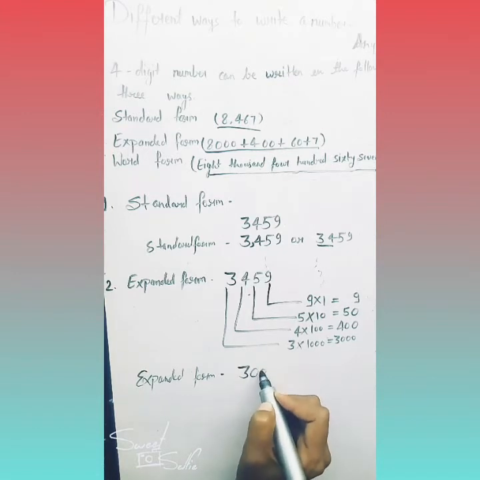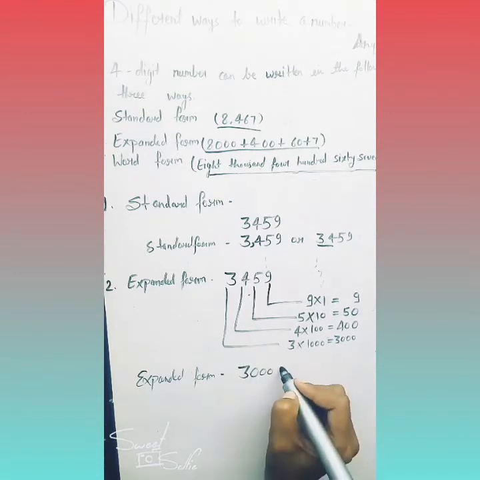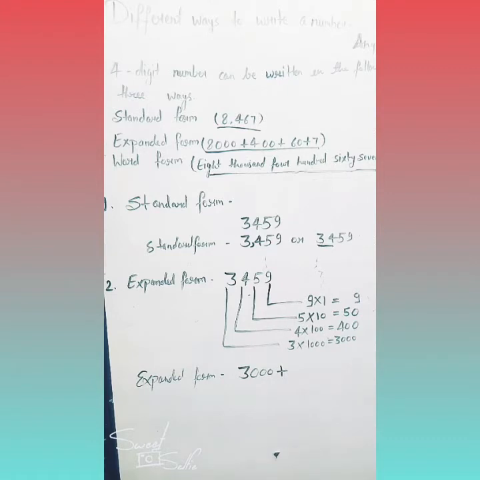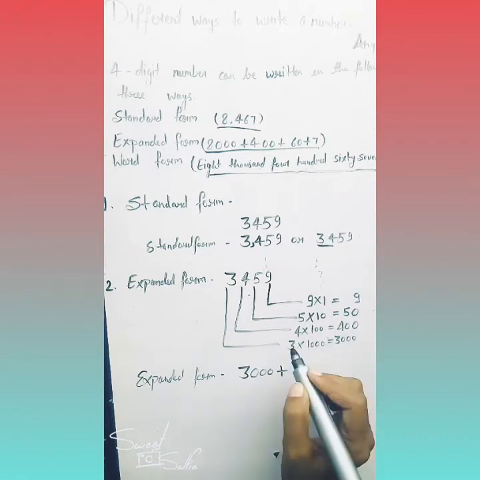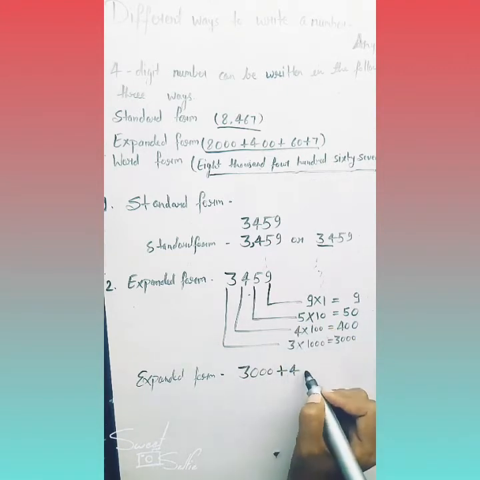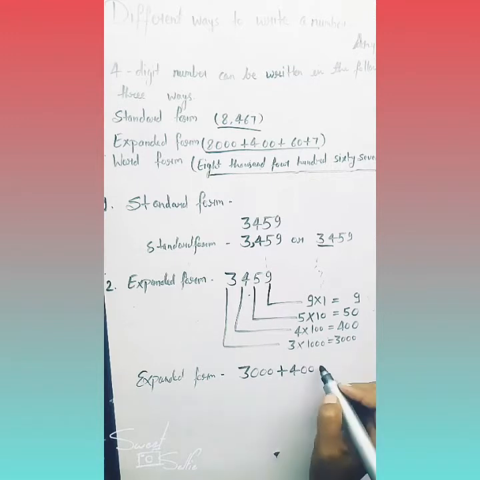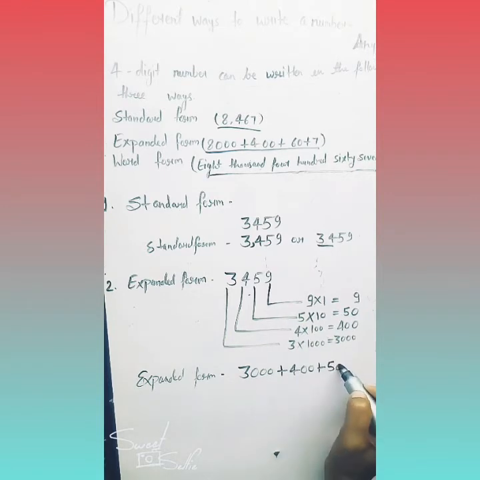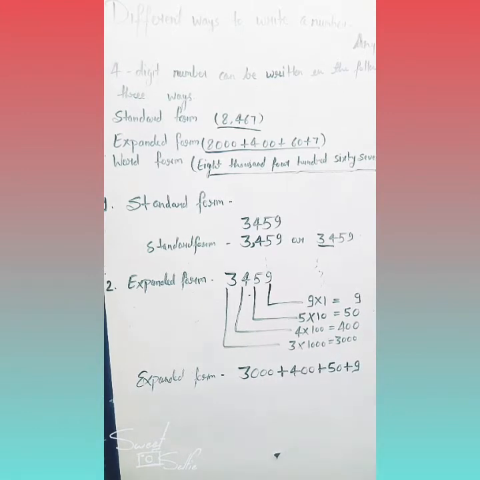Now we will put a plus sign. Next step, we will write here 4 at 100 place, so 400. Again we will put a plus sign. Next step, 5 at 10's place, it means 50. Again we will put a plus sign. And last 9. Okay, so you can see this is the expanded form.